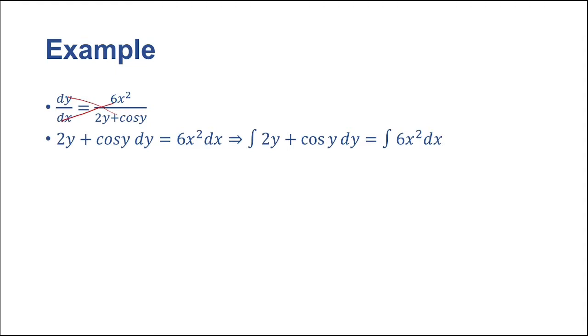You can apply the linearity of the integral operator to separate this by the sum rule. Of course, 6x squared is a simple monomial. So what we get in the end, once we apply the power rule and the trig rule, is y squared plus sine of y is equal to 2x cubed plus c.